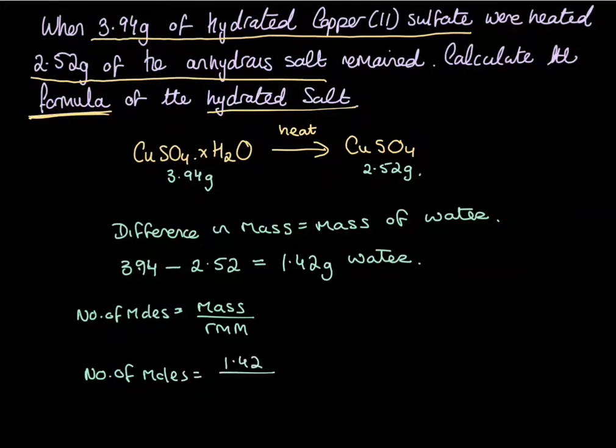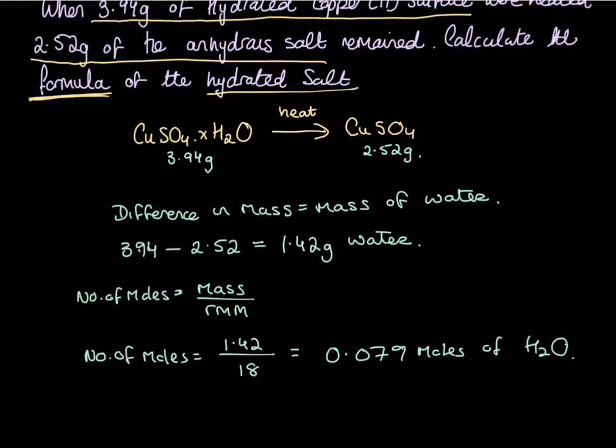I'm going to take that 1.42 grams that we found out to be the mass of the water and put it over the relative molecular mass of the water. So 2 times 1 plus 16 for the water, which is 18. And we're going to get 0.079 moles of water.